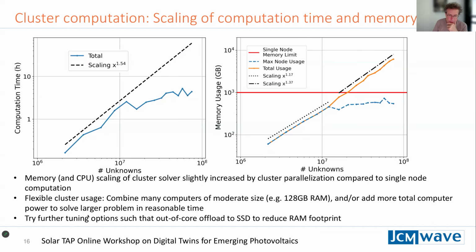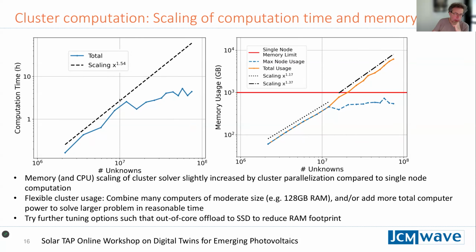Okay, and this is relatively new. So these are also some relatively new results. Here you see for the computation how the computation time is scaling with the number of unknowns. The number of unknowns for this FEM simulation is between something like 2 million and about 100 million or so. And you see that we have a scaling which goes like the number of unknowns to the 3/2 roughly.